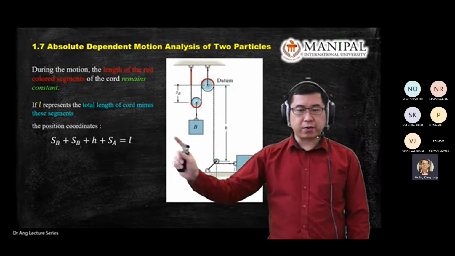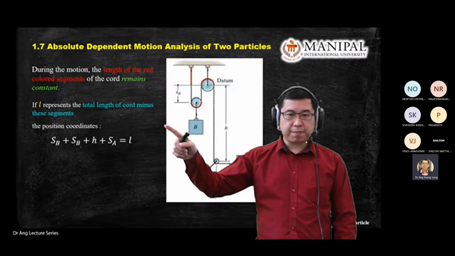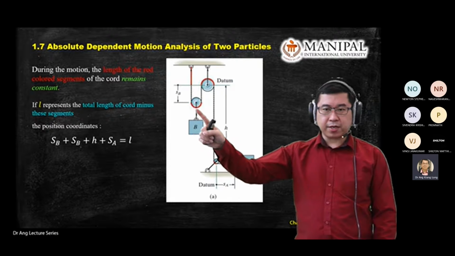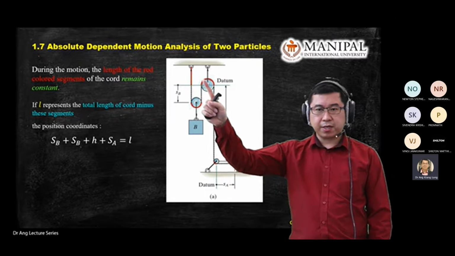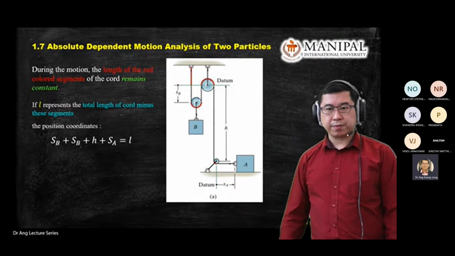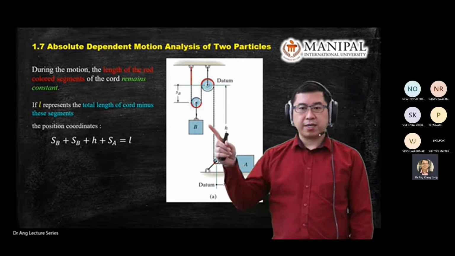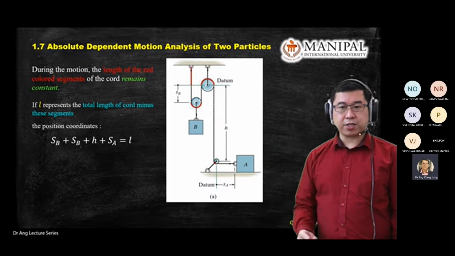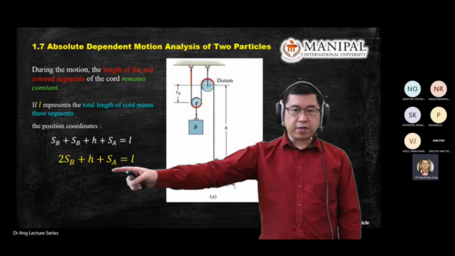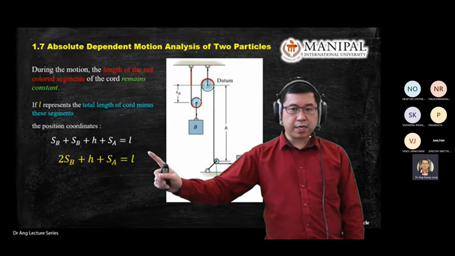So in the total length equation over here, you only have these parameters: SB plus SB plus H plus SA equal to L. We take out the red color circumference of the pulley, and maybe a quarter of the pulley over here, because all this red zone doesn't change, and it doesn't help us to relate A and B. They don't change over time. So you rearrange this equation, you have 2SB there, and you get the equation for this system: 2SB plus H plus SA equal to L.